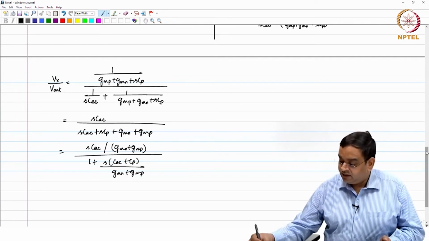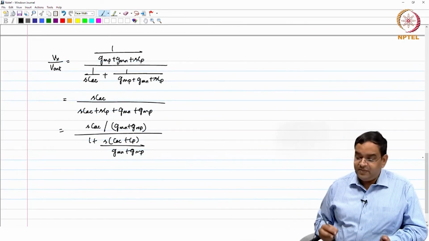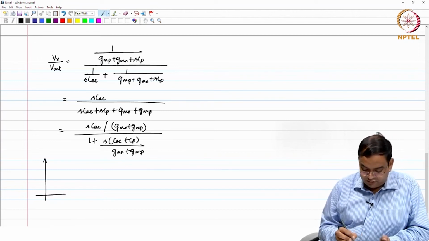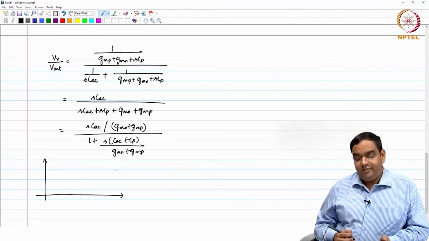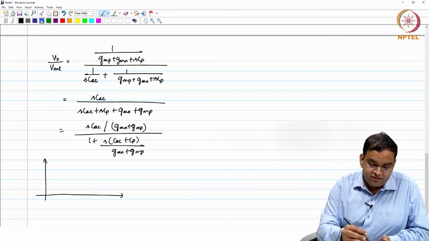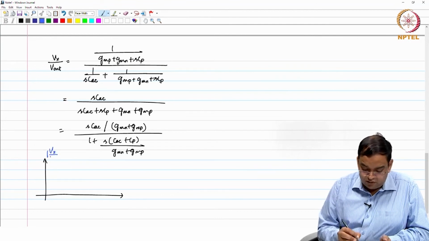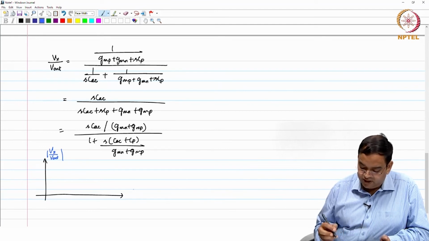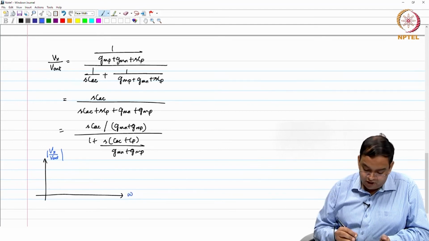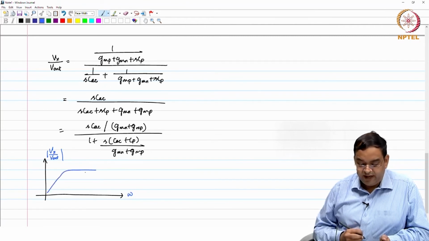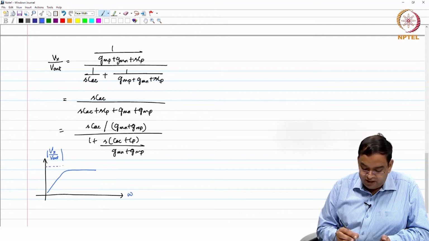Okay. So, this transfer function is actually a high pass transfer function, and for this high pass transfer function there is a pole, and the pole is at GMN plus GMP divided by CAC plus CP. So, versus frequency, or versus omega for that matter, if I plot this, it is like a high pass transfer function, and then it will become flat. What is the value at which it will become flat?